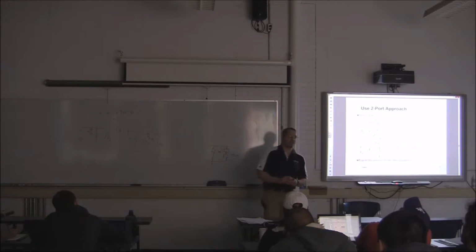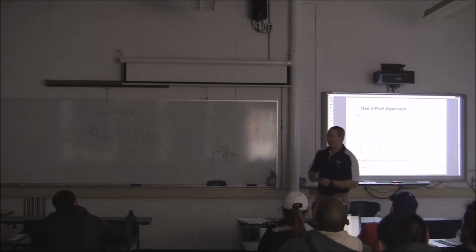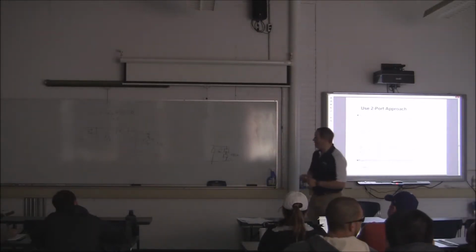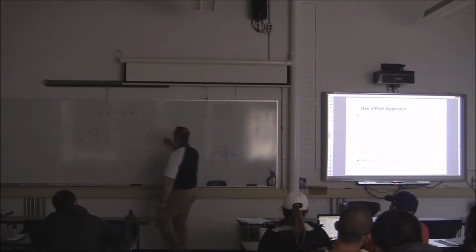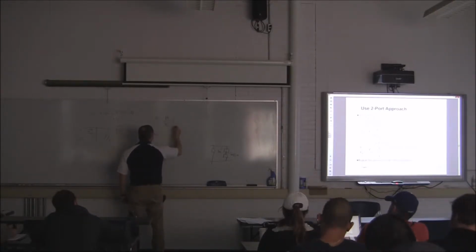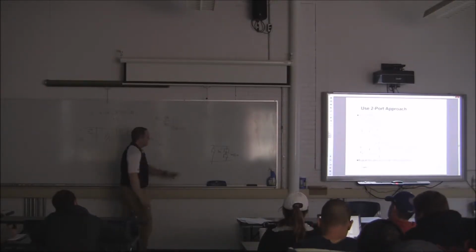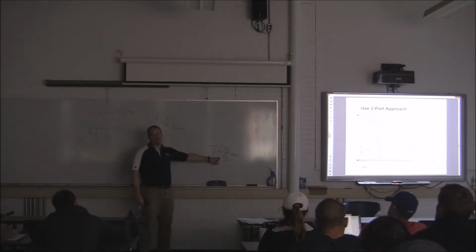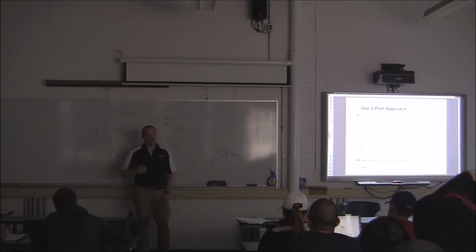Hopefully people can still hear me. Sorry about that. I has to be equal to 0. So when I is equal to 0, you can solve, which means it's just a simple voltage divider. That's it. So that's how you can use 2-port.